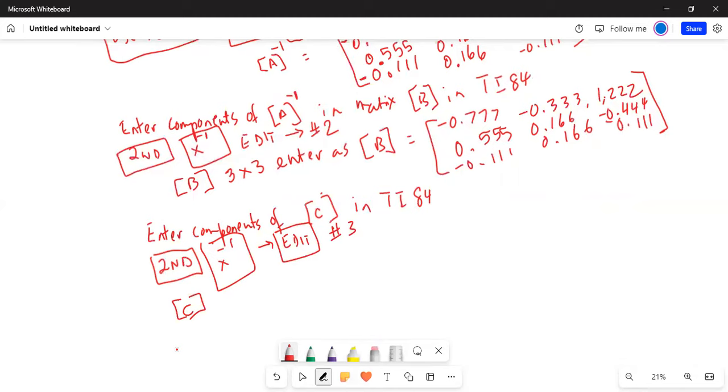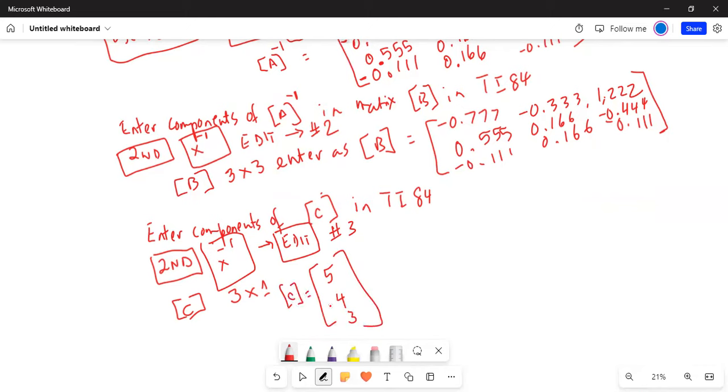Remember, it is a 3 row by 1 column matrix. And what is it? It is 5, 4, and 3. So enter this information. This is your matrix C.